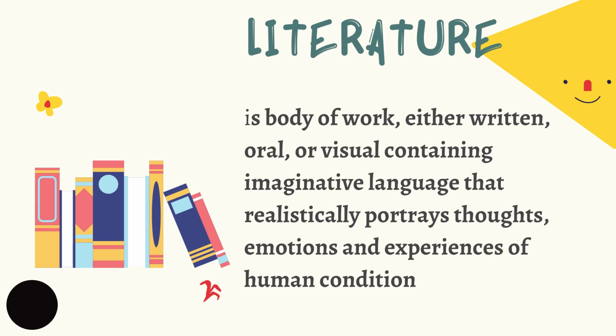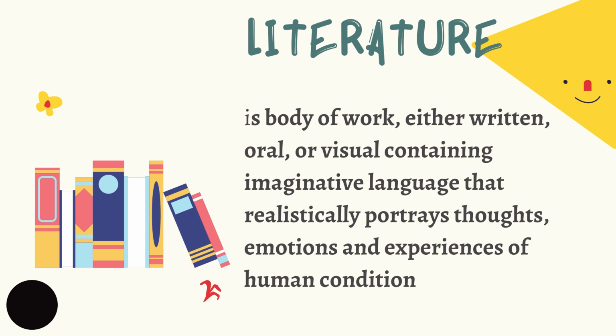And just to add, literature is connected also to history because in learning history, we would be able to identify different literatures that exist during a specific time. And in literature, we would be able to unfold the history that happened before.